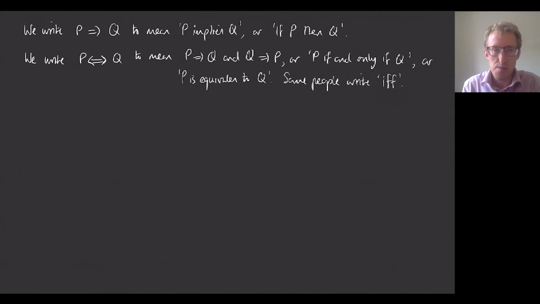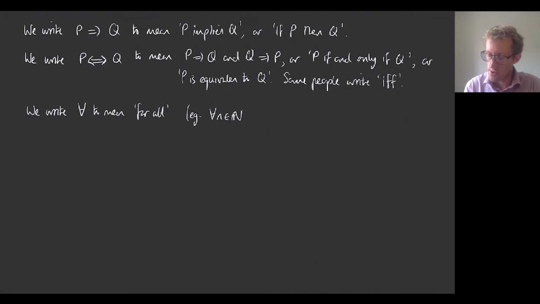Okay, and then the last thing I want to mention is something called quantifiers. These are really just shorthand notation for a couple of things that I've already had to write out quite a few times. So we're going to write this symbol, a kind of upside down A, to mean for all. You might have noticed I've had to keep saying things like for all n in the natural numbers. So we can now write that as for all n in the natural numbers.